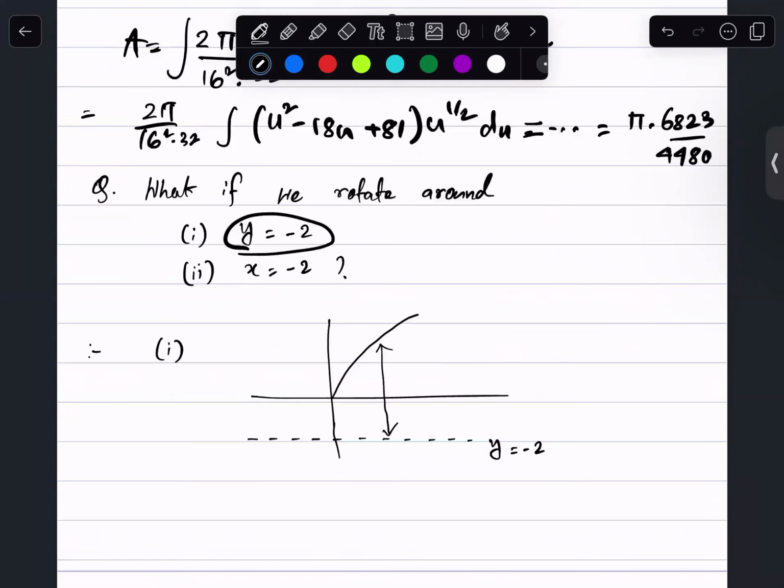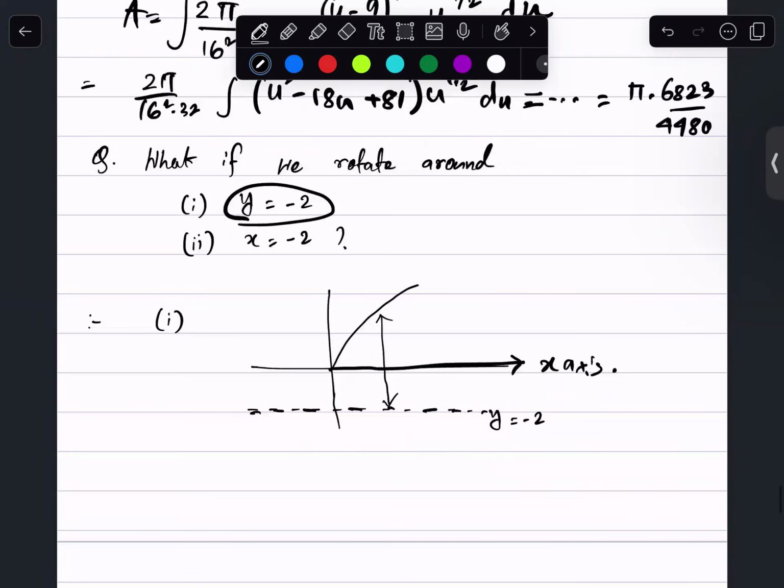Instead of the x-axis, if I rotate around y equal to minus 2 axis, which is parallel to the x-axis, then what happens?